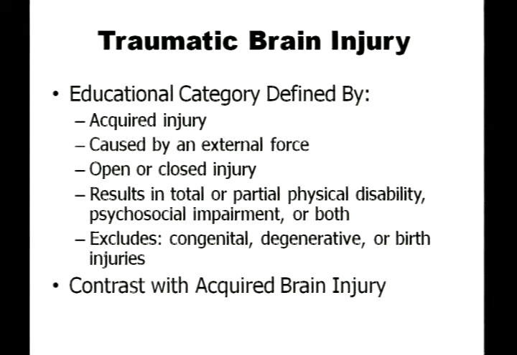And typically, what I've seen, and you guys may tell me differently, is that in the educational system, those kids usually end up categorized in the other health impaired category most often, or sometimes are categorized in a learning disability category, which doesn't always fit them that well, but sometimes makes the most sense in terms of services, et cetera.